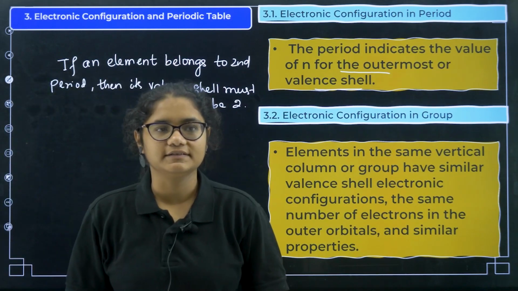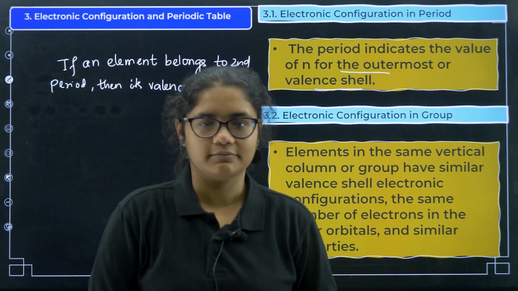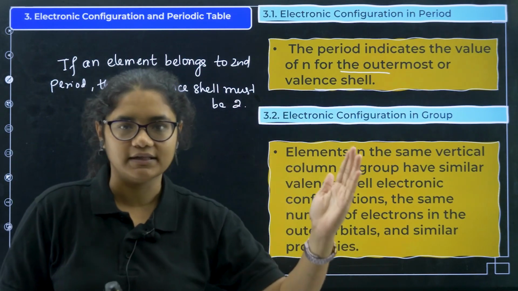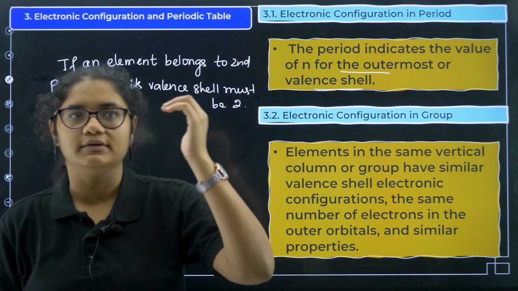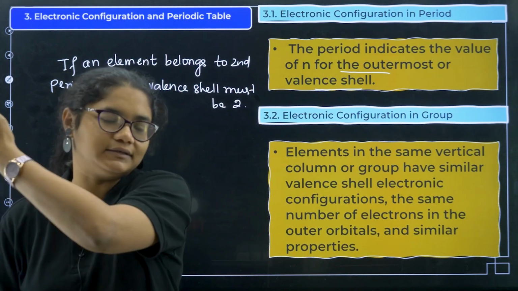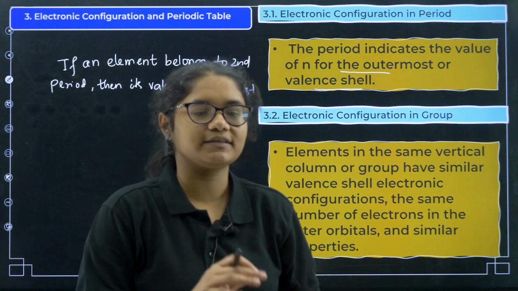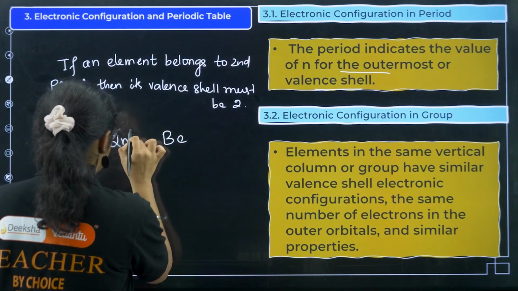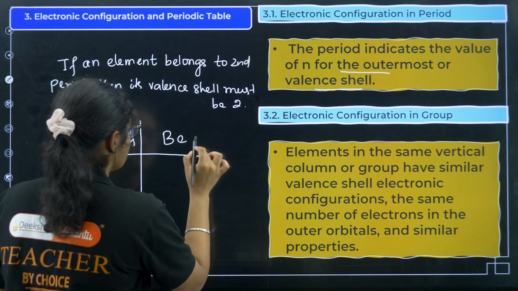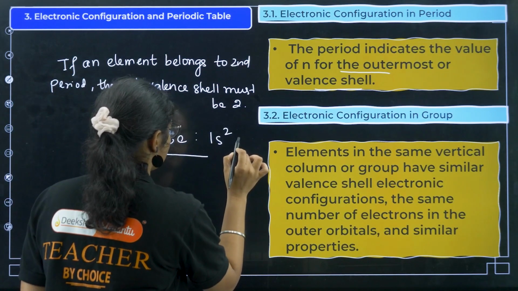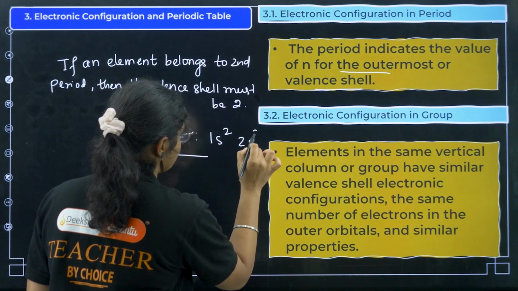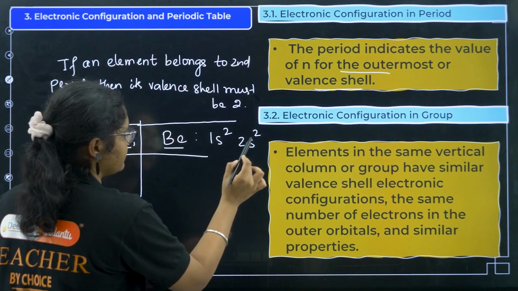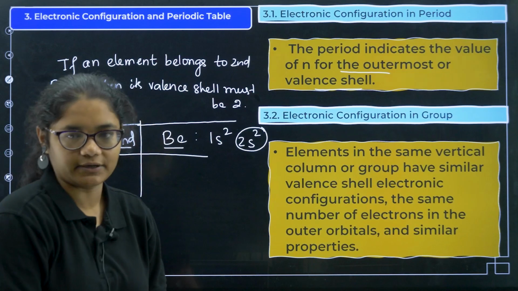For example, let us take beryllium. If you know hydrogen, helium, and then we have lithium, beryllium, then carbon, oxygen and all, right? Beryllium is an element of the second period. What is the electronic configuration of beryllium? Hydrogen, helium, lithium, beryllium, so 1s2 2s2, right? You can see for this element of the second period, beryllium, its valence shell is the second shell.